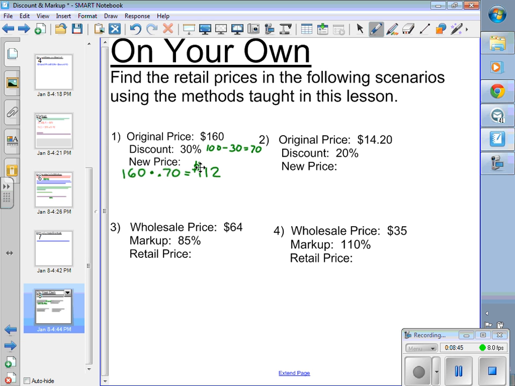We're going to do our discount. We're doing $14.20 times, we got 100 minus 20 is going to give us 80%. So we're doing this times 80%, or 0.8. So when we multiply it out, we get $11.36.